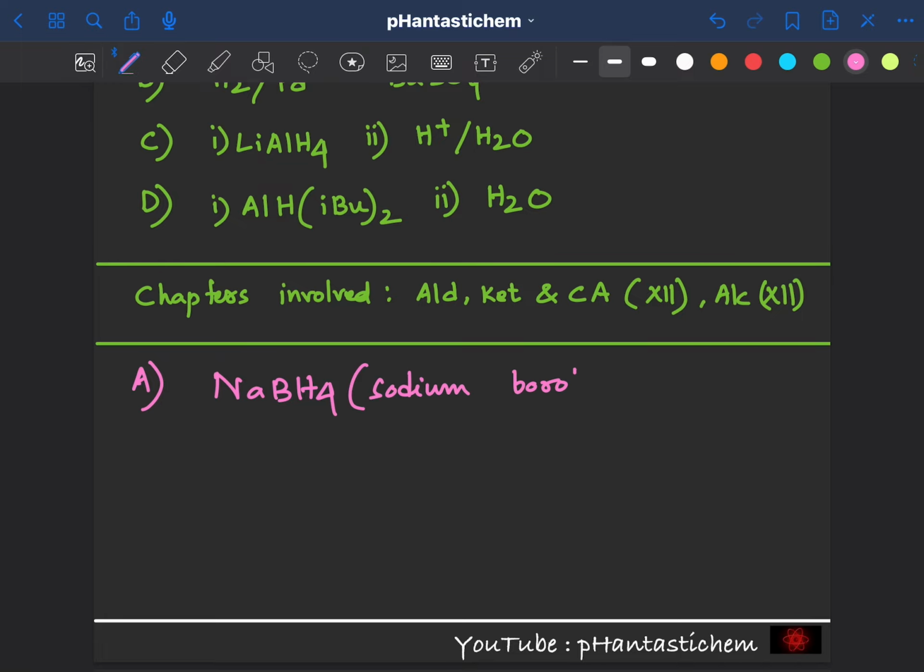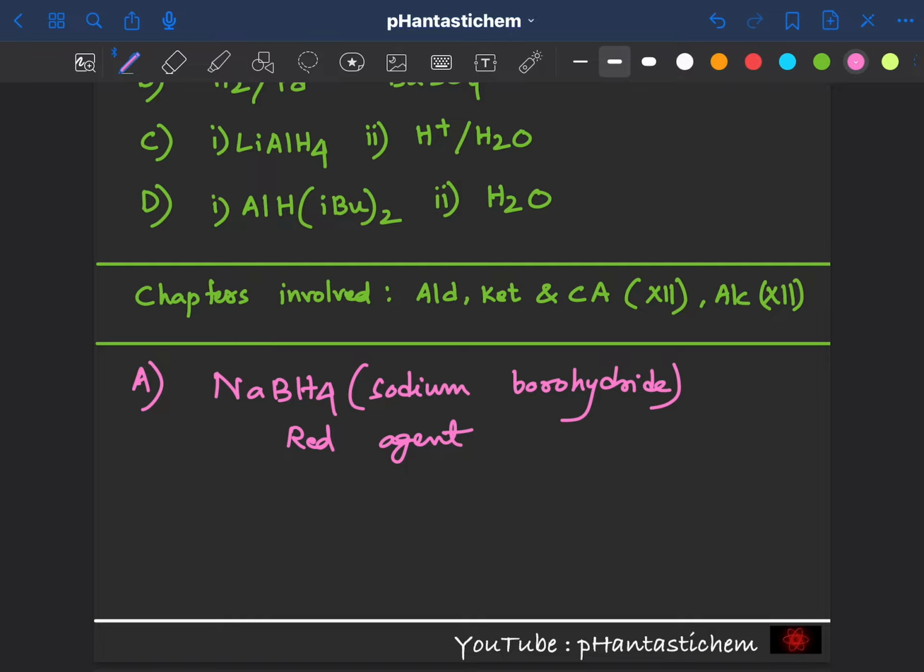Sodium borohydride. It is used for the preparation of alcohols. Alcohols are prepared by treating aldehydes and ketones with sodium borohydride. This is a very famous reducing agent.